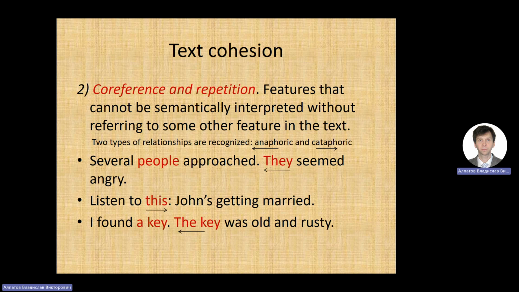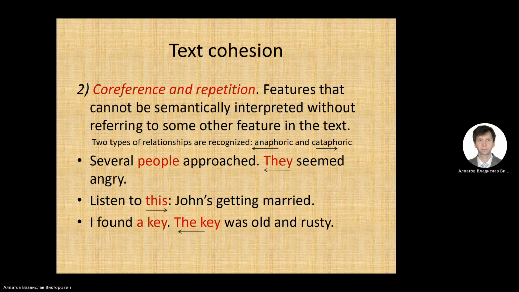And the ones which refer you to some post-going, after-going sentence, elements in the text. So for example, they is anaphoric, it refers you to people. This is cataphoric, it refers you to the fact of John getting married. And I found a key, the key, so the key is anaphoric.